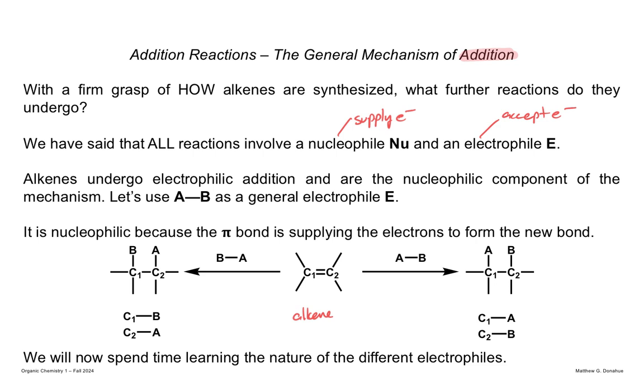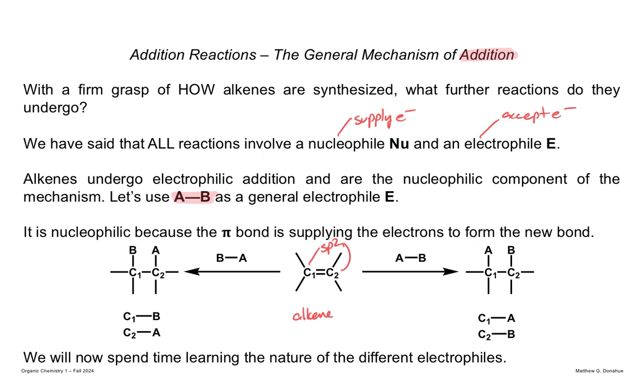So I've labeled those sp2 hybridized carbons as C1 and C2. And then if we're going to use the general form of an electrophile as, say, AB, so if they're the same thing, it would be like A and A.